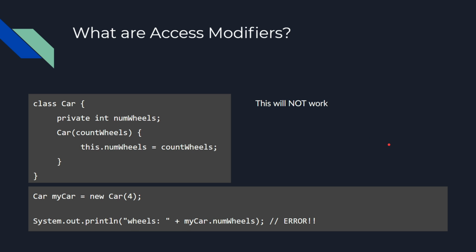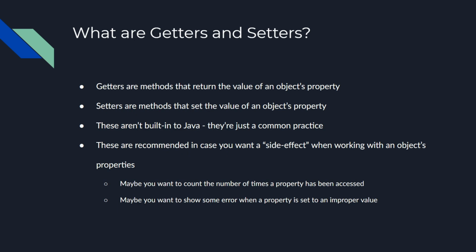Access modifiers are a little tricky to understand until this next section, getters and setters. You want to control access to the properties of a class in order to protect other programmers, or maybe even yourself later, from using the object improperly, right? So maybe the number of wheels should just be something that the object knows internally, but it doesn't need to expose it to the whole world.